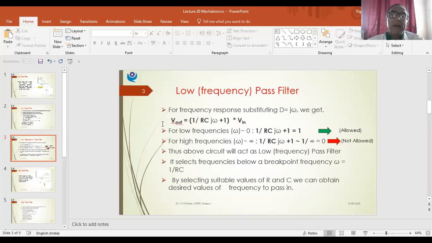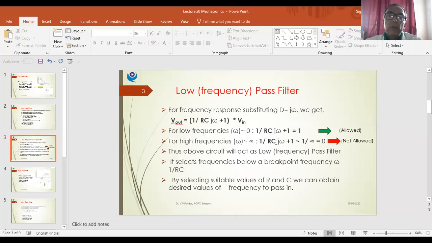Now for high frequencies, how is my transfer function responding? For high frequencies, omega is approaching infinity. Just to represent it mathematically, we are substituting infinity. So instead of j omega, I'll put infinity.